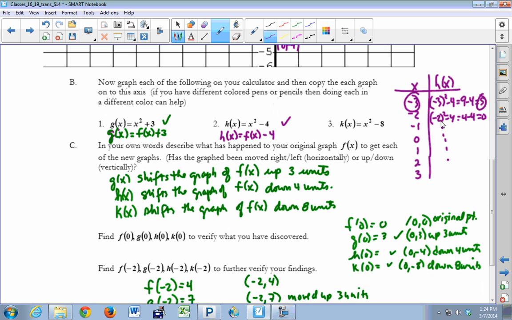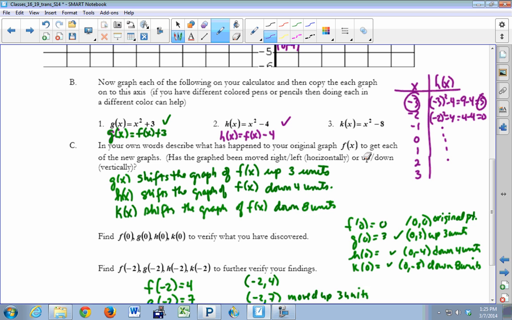All right, so now we're asking you to describe what has happened to the original graph f of x to get these new graphs, g of x, h of x, and k of x. So we can say that g of x shifts the graph of f of x up 3 units. Some of you might prefer different language.